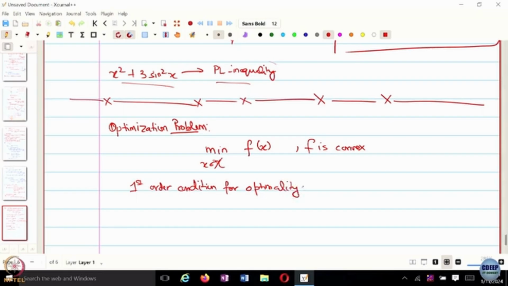So let's say x minimizes f, if, so what is the first order condition?